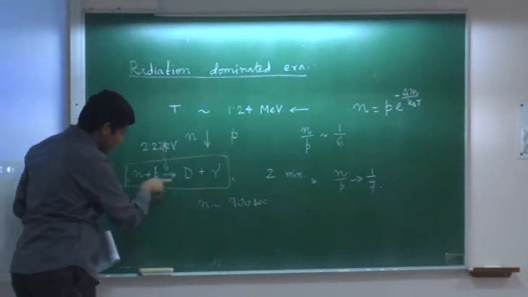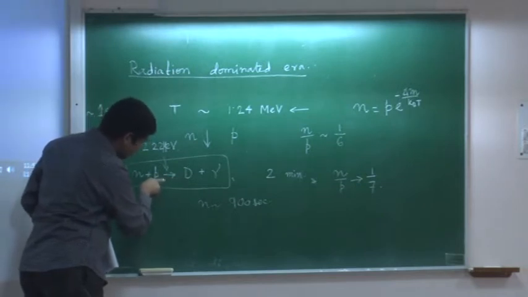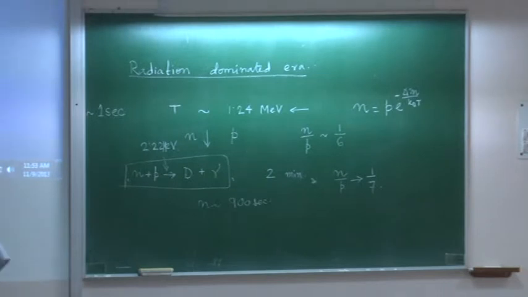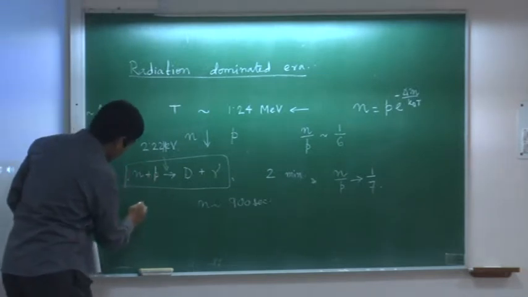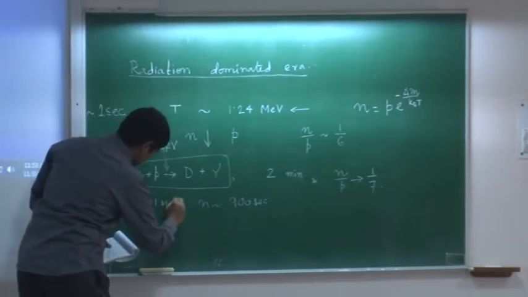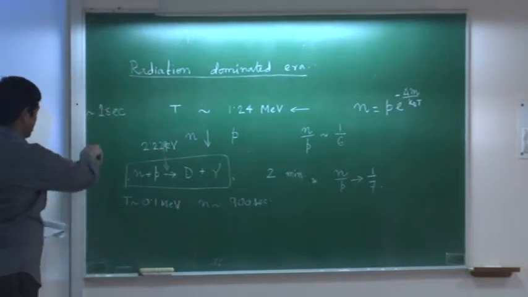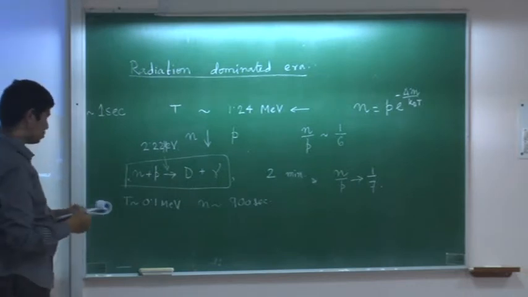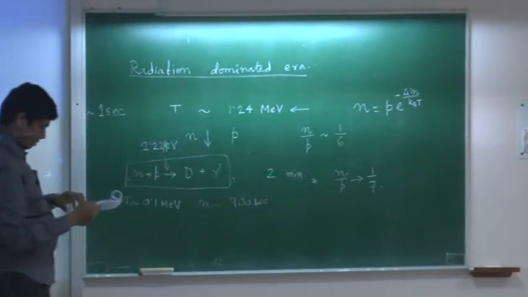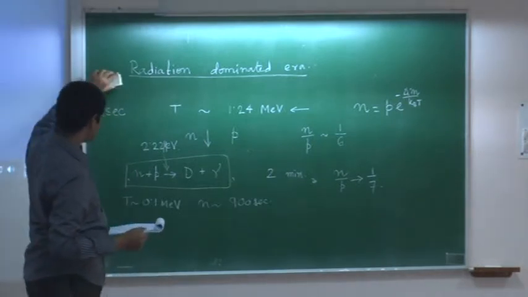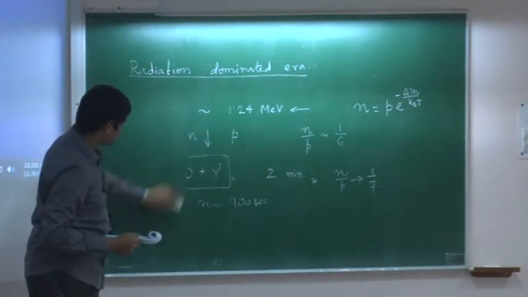But the forward reaction rate is not as high as compared to the backward reaction rate. So it took the universe until it cooled down to 0.1 MeV, which is this 2 minutes. Okay. So once that has been created, that took a long time. That's fine.